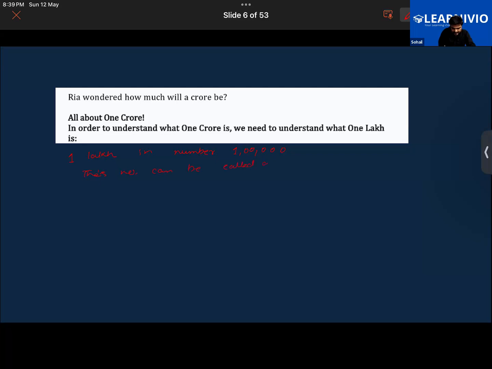So this number can be called 100,000 or 1 lakh. Now do tell me, this is a 6-digit number, isn't it? And how many zeros are there in 1 lakh?